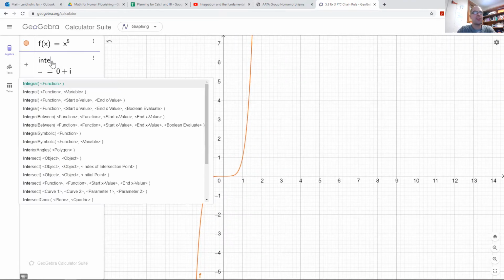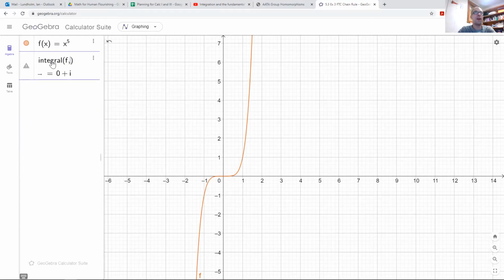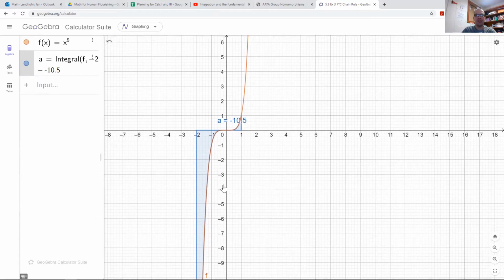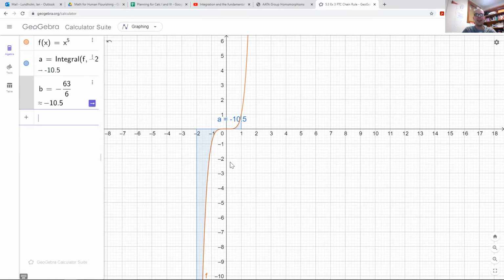If we want to get really fancy, we can just go integral of f from -2 to 1, right? -10.5, which is the same thing as -63/6, because I don't reduce my fractions.